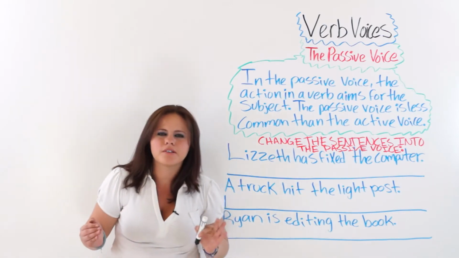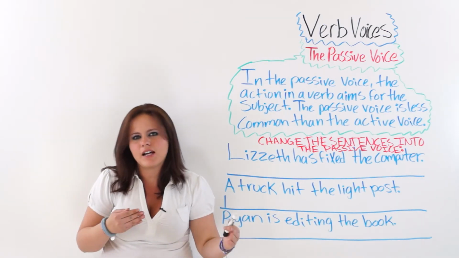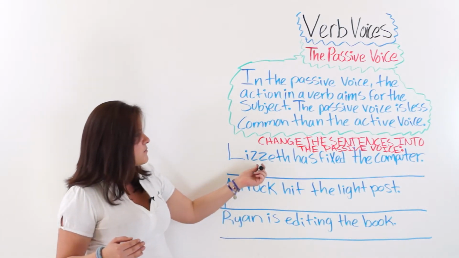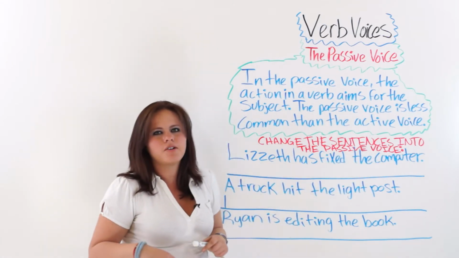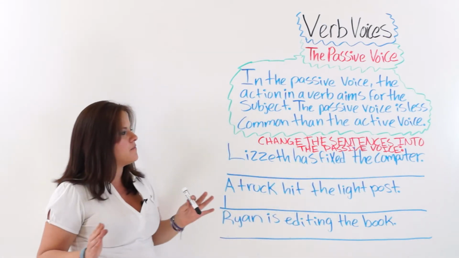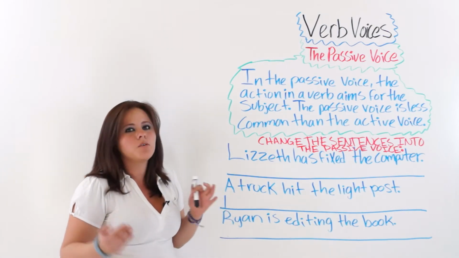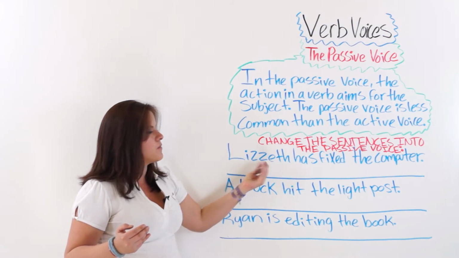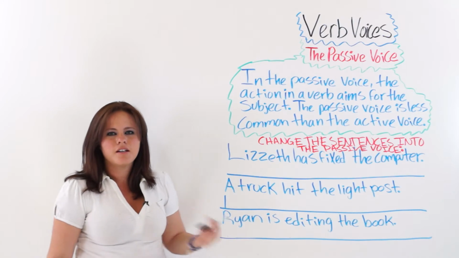You have to remember the difference between the active and the passive voice. The active voice is a regular subject, verb, and object pattern. And the passive voice inverts this pattern and says, I will put the object first, the computer, and then we are going to put the verb, and then Liseth, right?